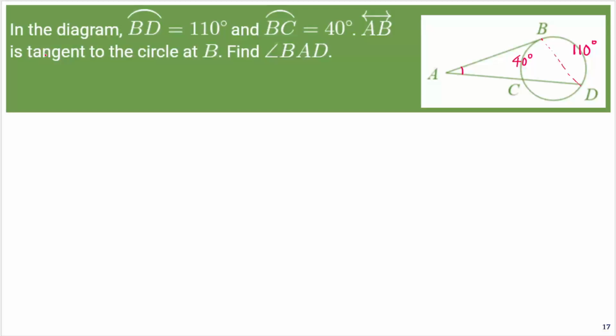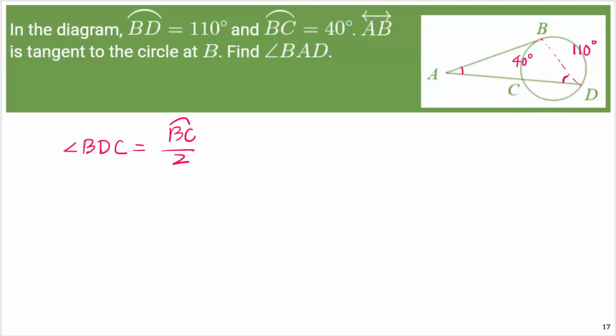In that case, we have angle BDC equals arc BC over 2. Did you get it? BCD is here. Oh, sorry, BDC. BDC is here.